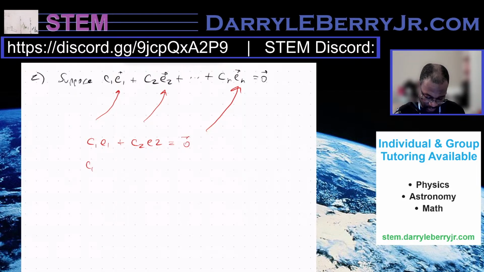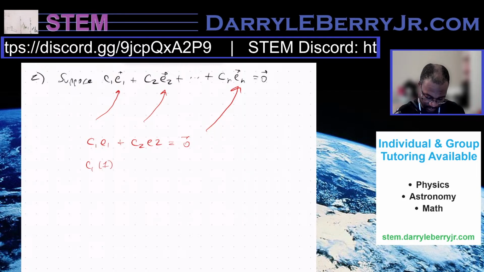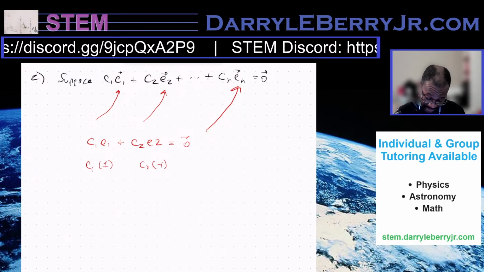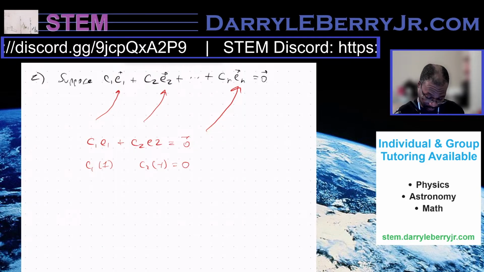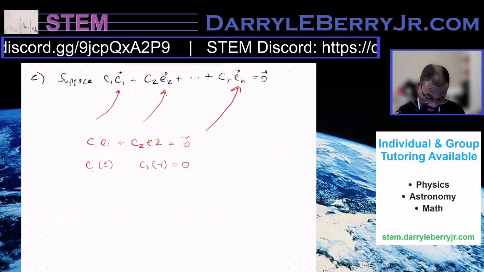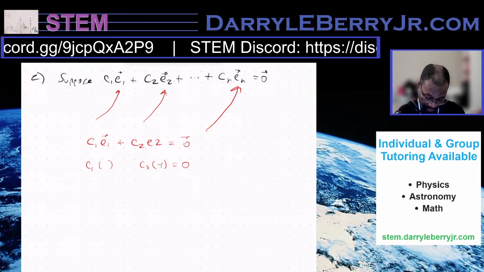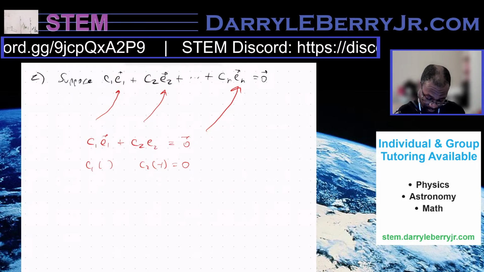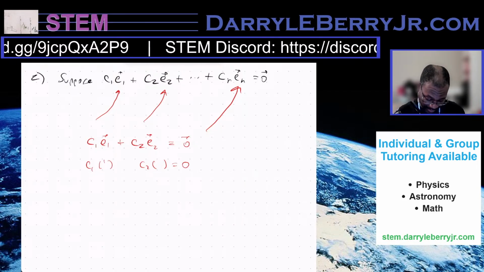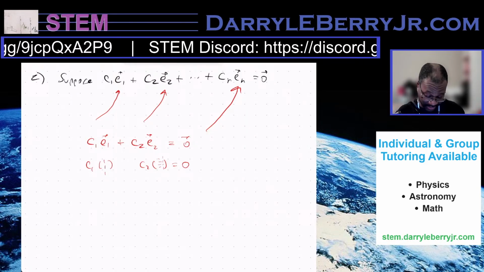Well, if C1 was 1 and C2 was -1, that would actually equal 0. Oh, but this is a vector. You have to remember that this is a vector. So this would have to be a whole bunch of ones, and this would have to be a whole bunch of negative ones, but that's not what they gave us.